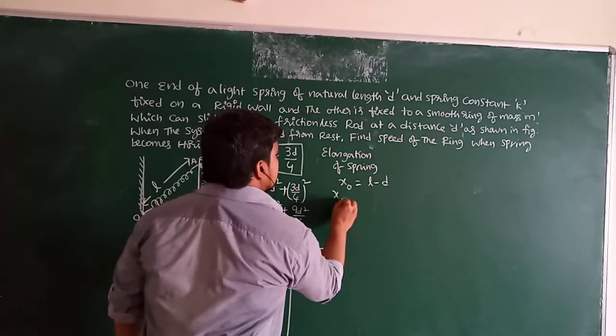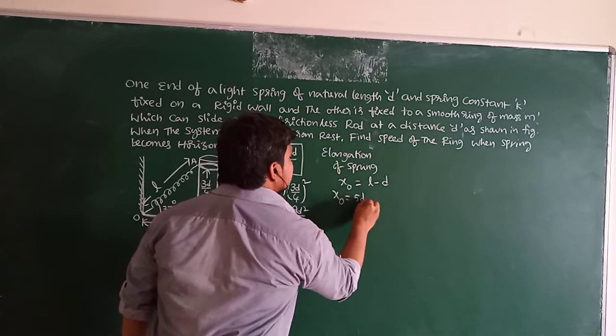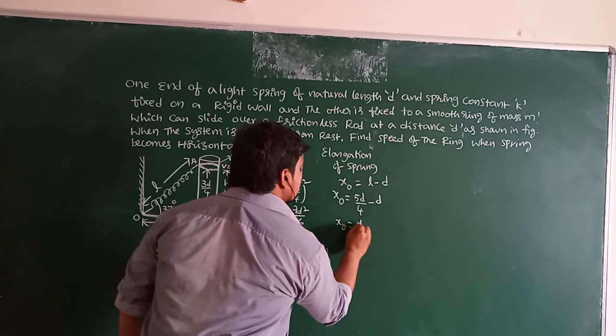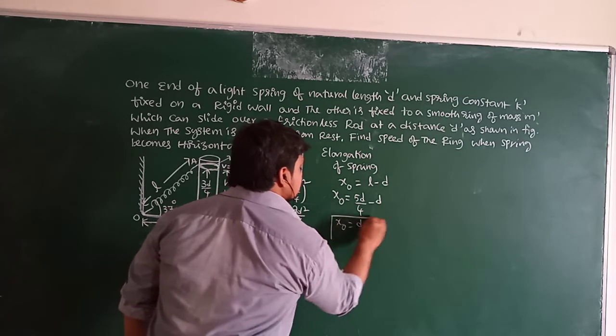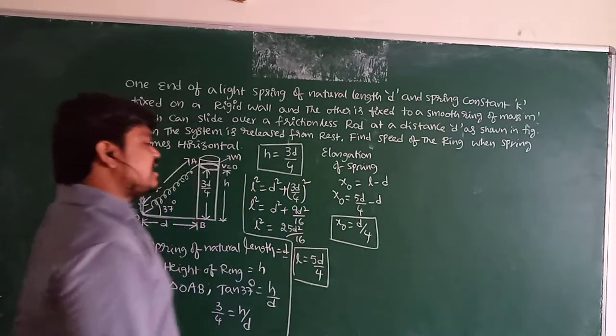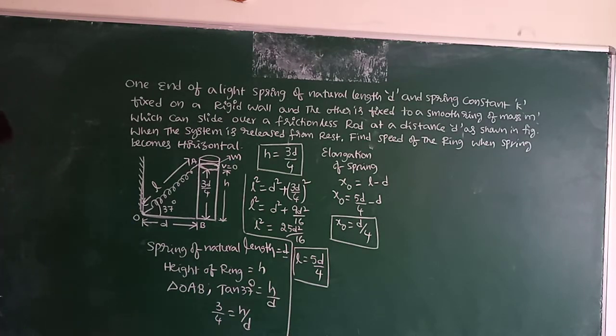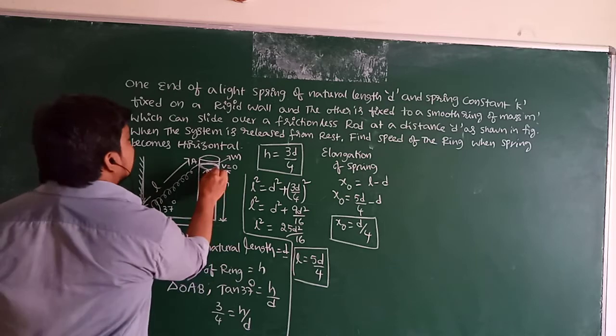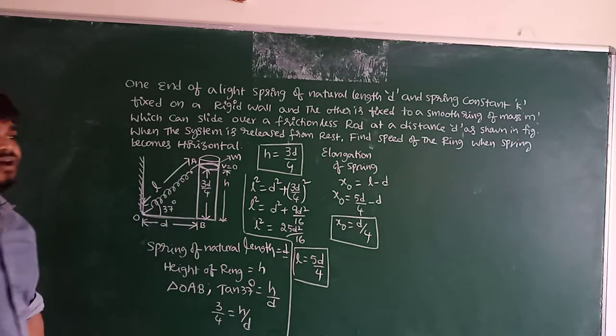That is, x naught is equal to 5d by 4 minus d, so x naught is equal to d by 4. This is the elongation of the spring, and 3d by 4 is the height of the ring.